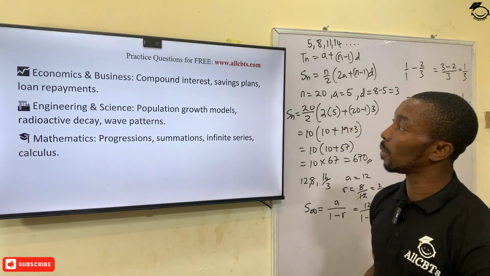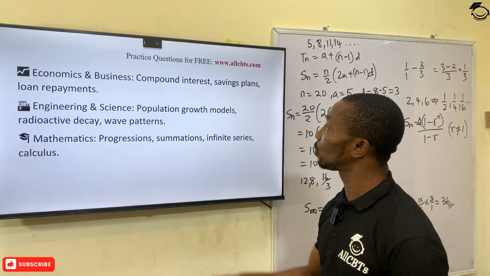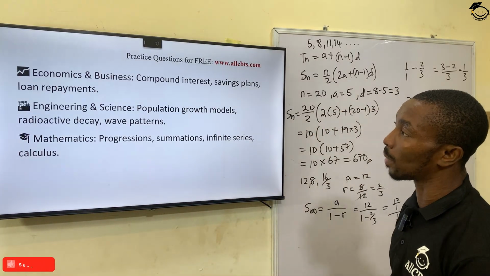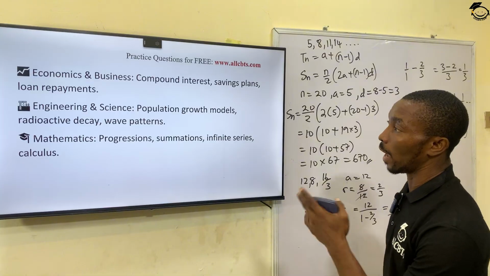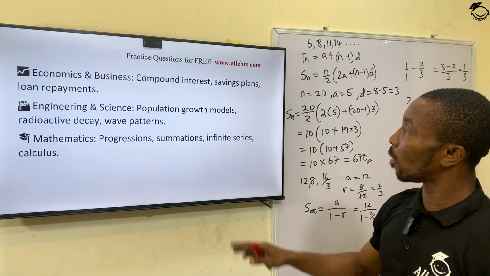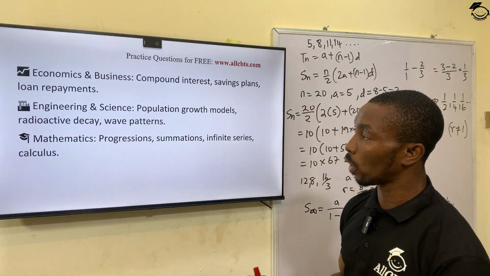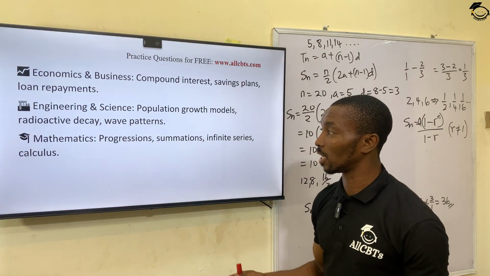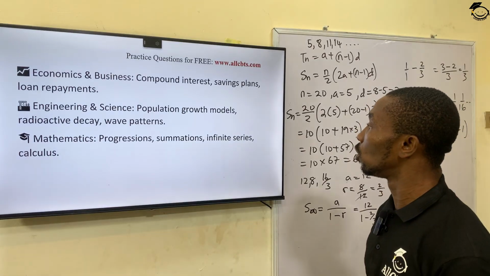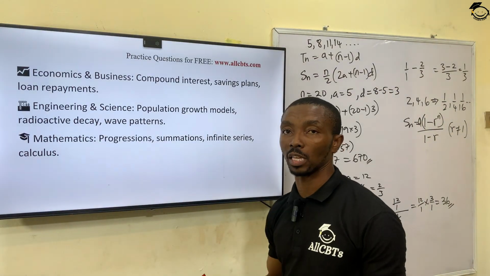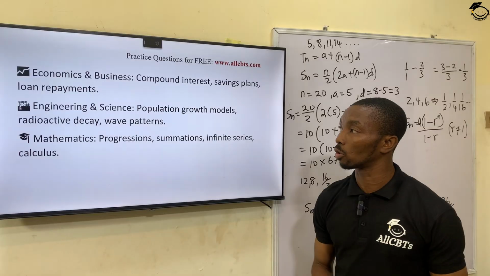Also in economics and business to find compound interest, saving plans, and loan repayments. In engineering and science for population growth modeling, radioactive decay and wave patterns, and the mathematics for progressions, summations, and infinite series, and also in calculus calculations.